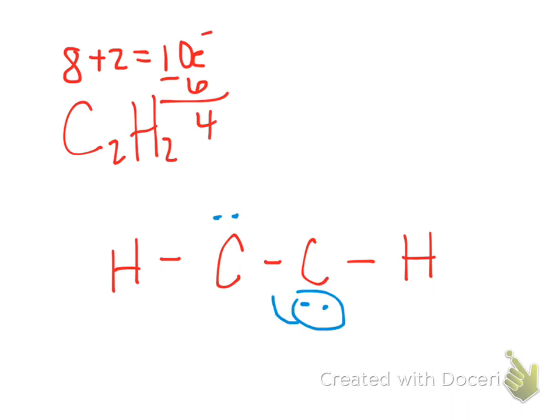So, what if we move one of them into a bond? Right? So now we have a double bond here, and that gives us 2, 4, 6, 8 on this carbon, so this carbon is happy. This one is not. Okay? You have to do another bond.